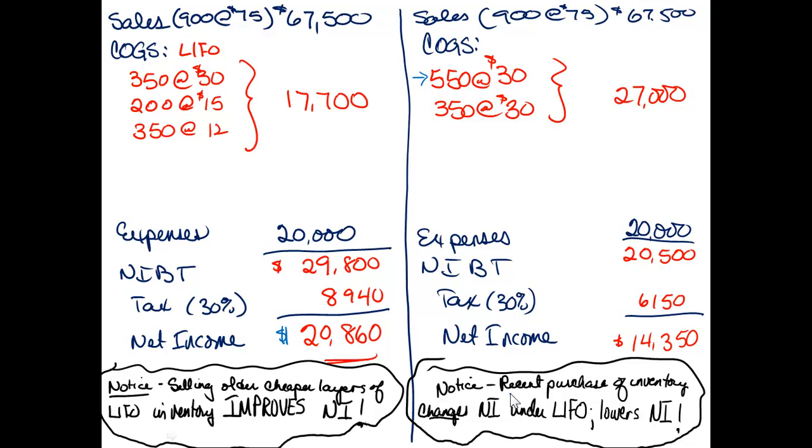So using LIFO, our recent purchases of inventory change the net income and lower it. Whereas if we dip into older LIFO layers by selling off the older, cheaper layers, notice it improves our net income. So by timing your purchases and using LIFO, you can have a direct impact on your net income.